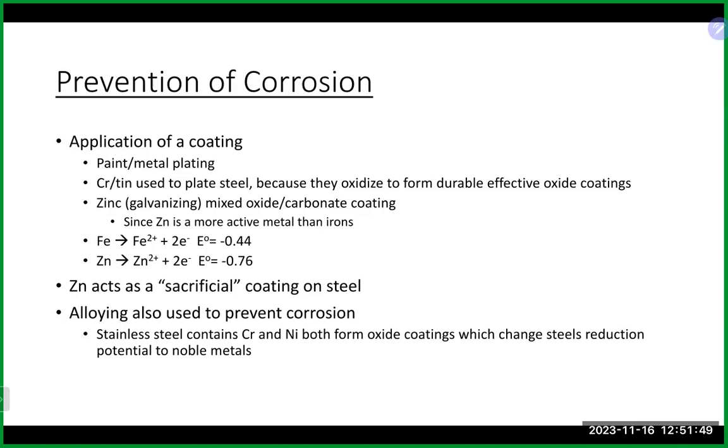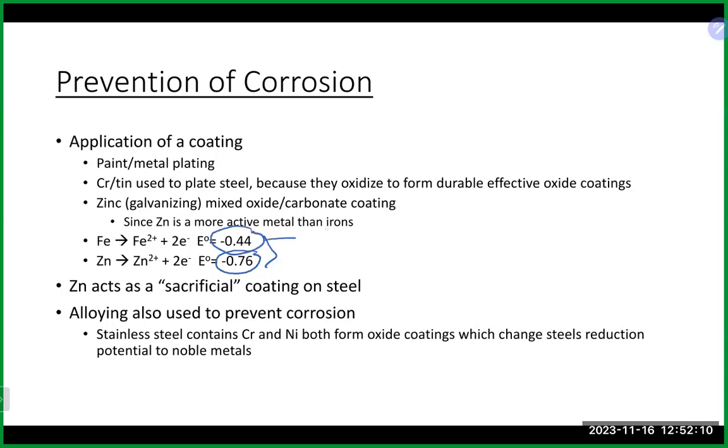We also could do the process of galvanizing, which basically adds a little layer that protects the metal underneath it. And so when we add some zinc to, say, iron, when we look at the SRP values between zinc and iron, zinc is actually more negative than the iron.